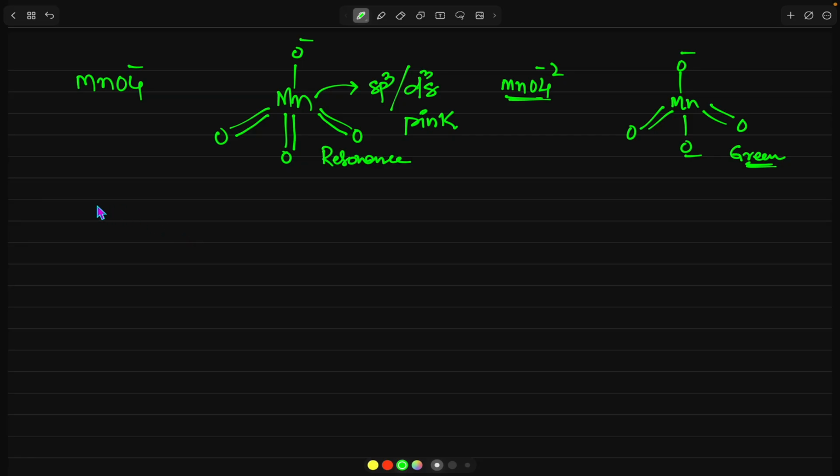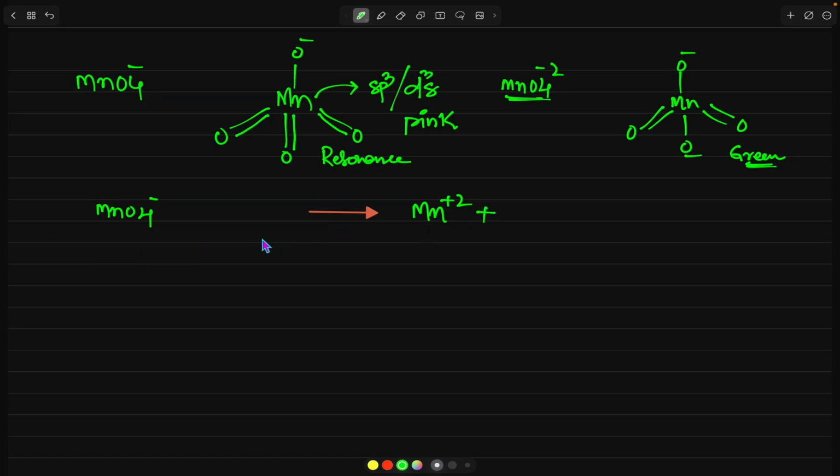Okay, so how does MnO4 - in acidic medium convert? You remember the reaction, it will be converted to Mn 2+. Let's balance it in acidic medium. We know how to balance the reaction.